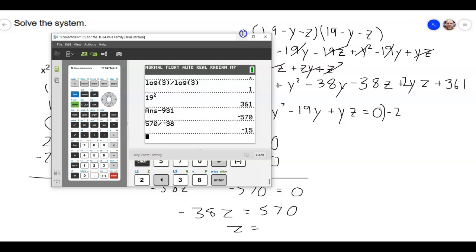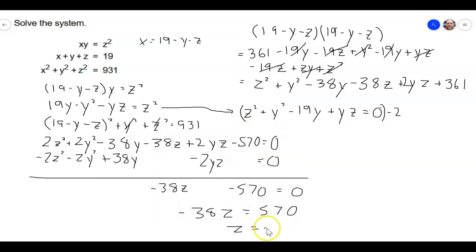Negative 15. Yay, we got one. Negative 15. So that means our z should be negative 15. So we got one. So that lets us know that.